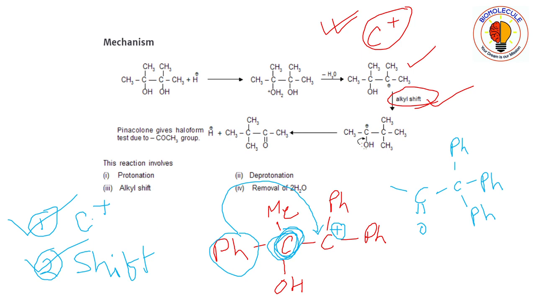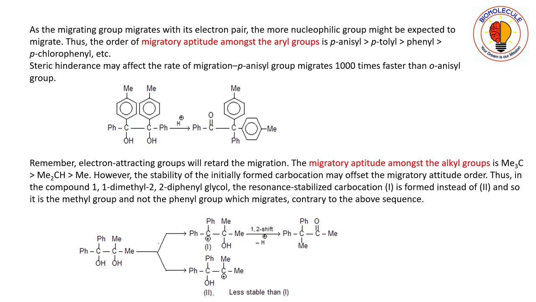Okay, first always remember stability, you have to look for the stability, and then you have to do the shift, and while shifting you have to consider this migratory aptitude. Okay, migratory aptitude.